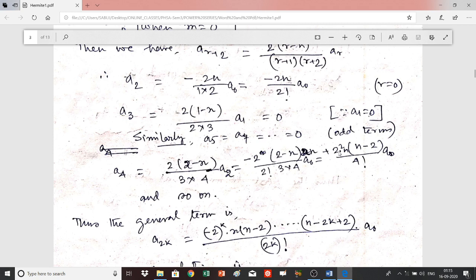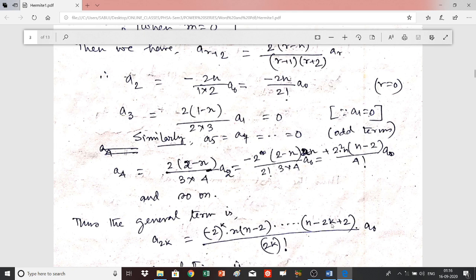So first is 2 square, and it can also be written as minus 2 to the power k if you compare with this. So k is equal to 2 here, so this can be written as minus 2 to the power k, and then n into (n minus 2). In this way, the last term here is n minus 2k plus 2.